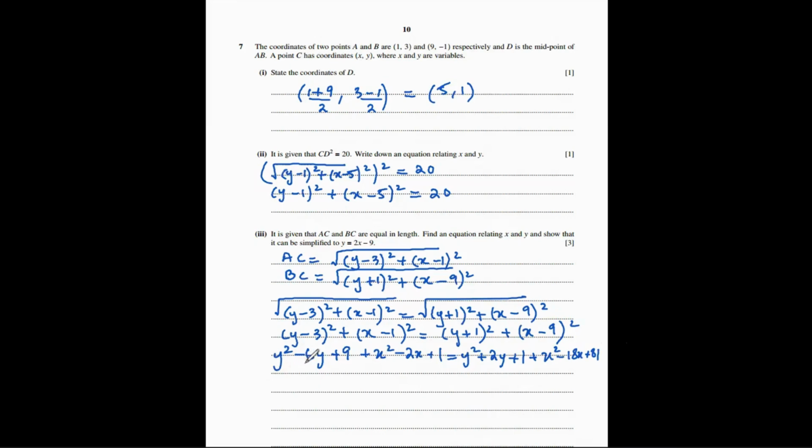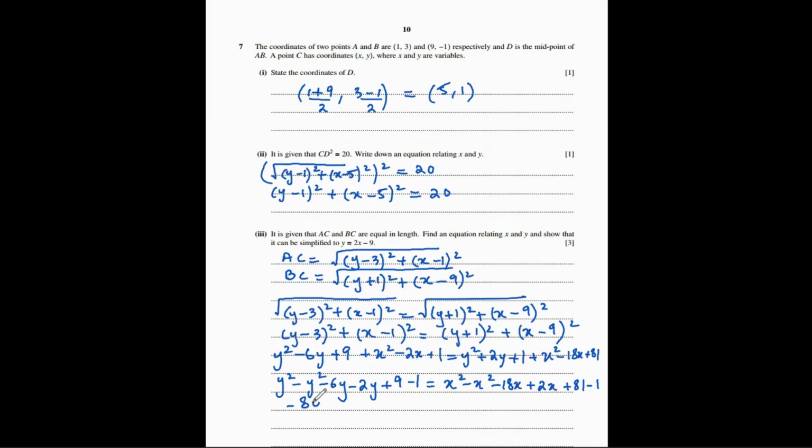Collect the y terms on one side and the x terms on the other side. So y squared minus y squared minus 6y minus 2y plus 9 minus 1 equals x squared minus x squared minus 18x plus 2x plus 81 minus 1.